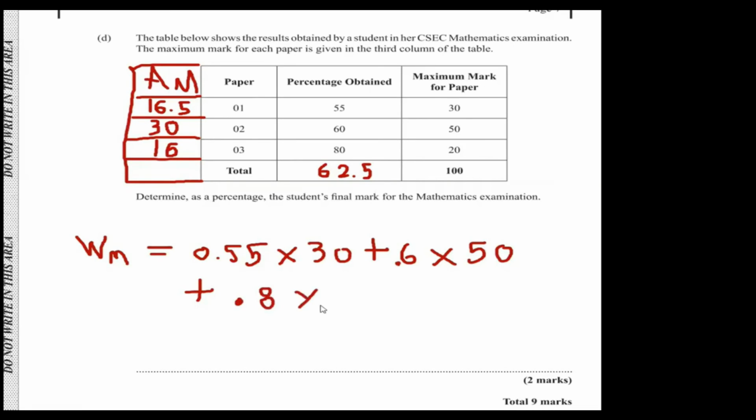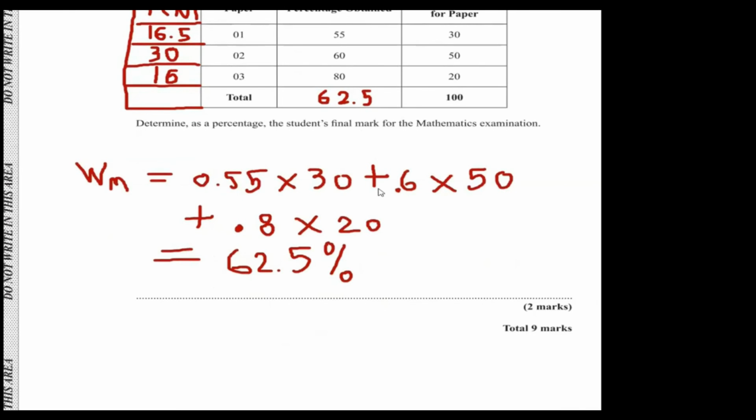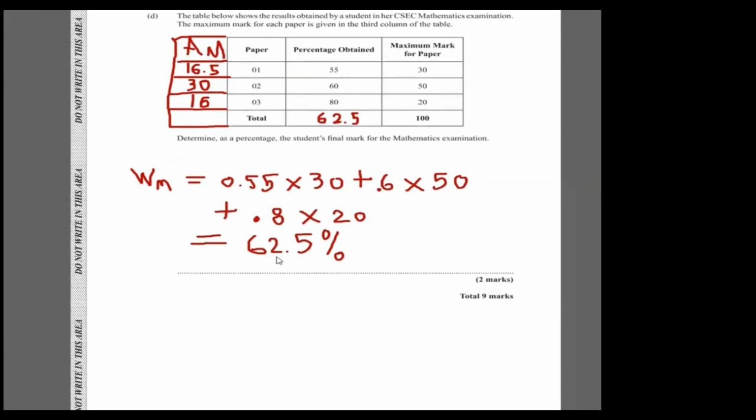And that will give you her percentage, the weighted mean. That's what they call it, weighted mean. You work out her weighted mean, 0.55 times 30 plus 0.6 times 50 plus 0.8 times 20. And so see it there, she gets 62.5%. All right, so she's not doing too badly, but that's what she gets, 62.5%. Some persons might want to round it off to 63%, but I'm not sure if CSEC rounds off as yet. Do they round off? I'd leave it at this.